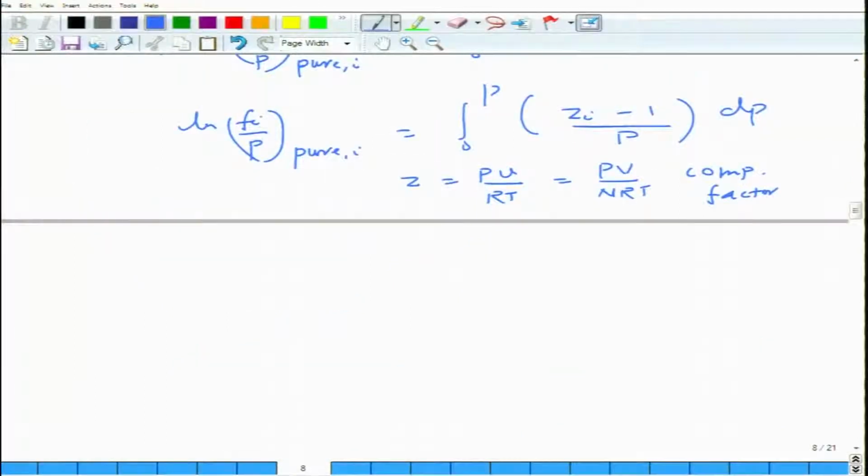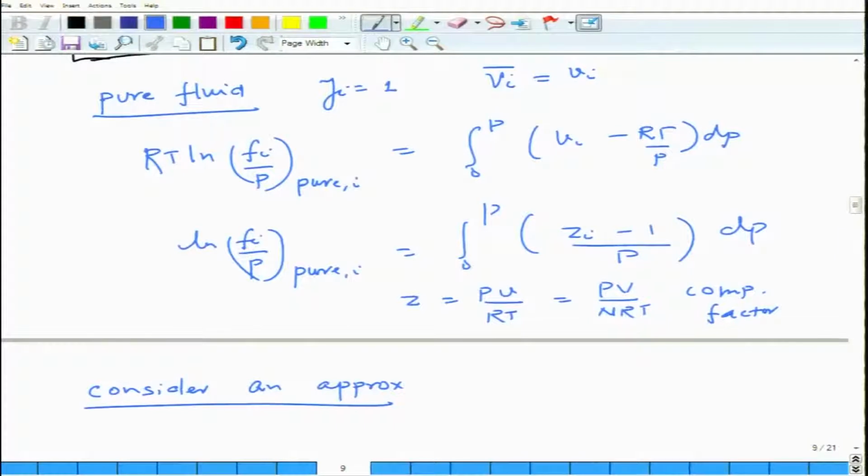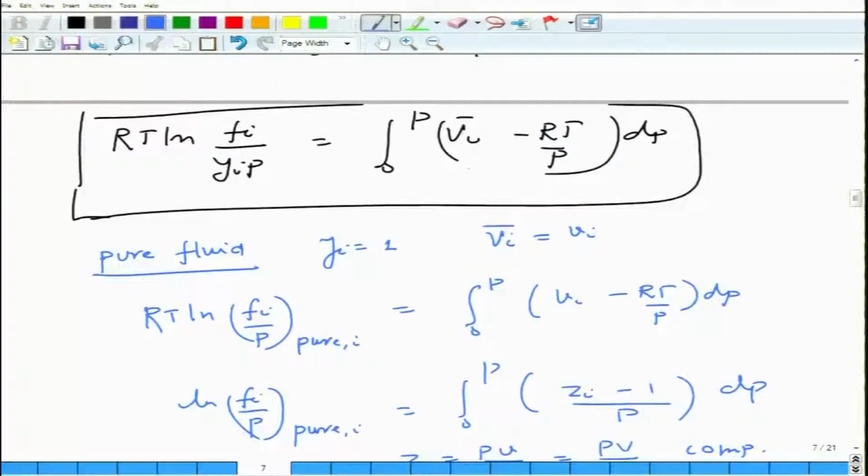Okay. Now consider one approximation. Now before I write that, we should make a note that this expression which we have got for a component i in a mixture, connecting the fugacity to the molar volume for the mixture and for the pure, these are exact expressions.